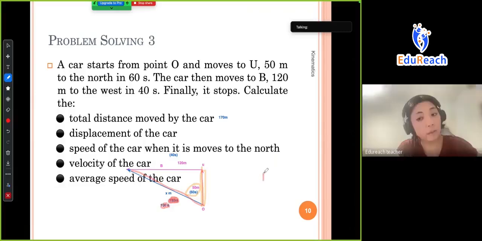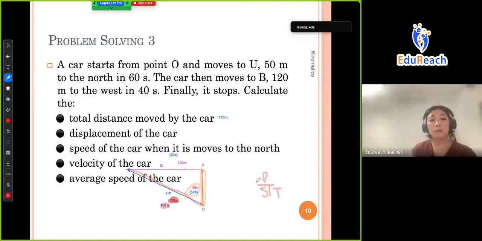Okay. Yeah, so remember your triangle, DST. So even though it's not speed, velocity is the same: displacement divided by time. Displacement is 130 meters and the time taken is 100 seconds.